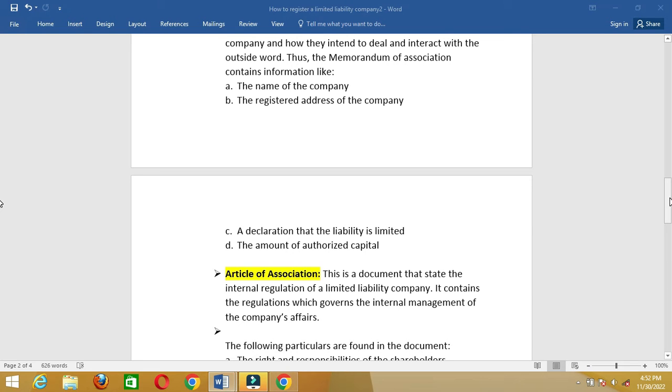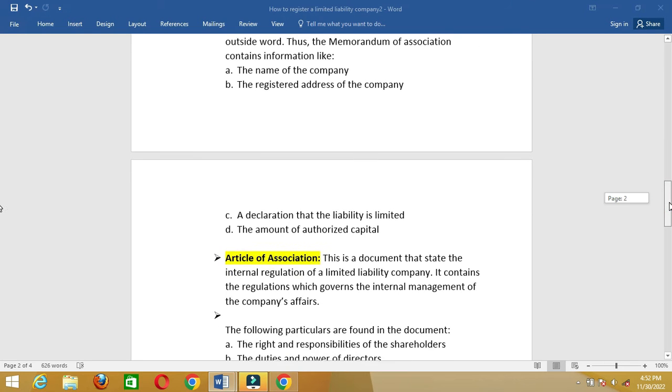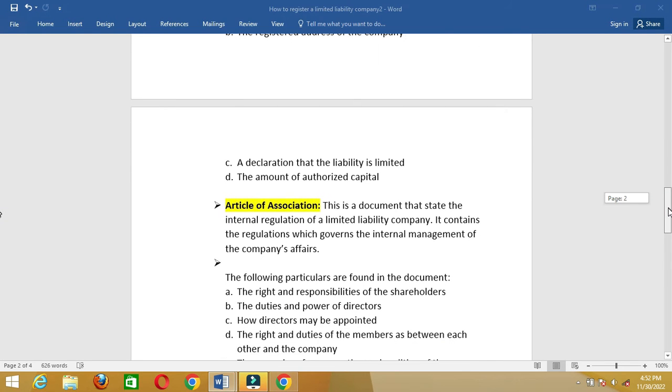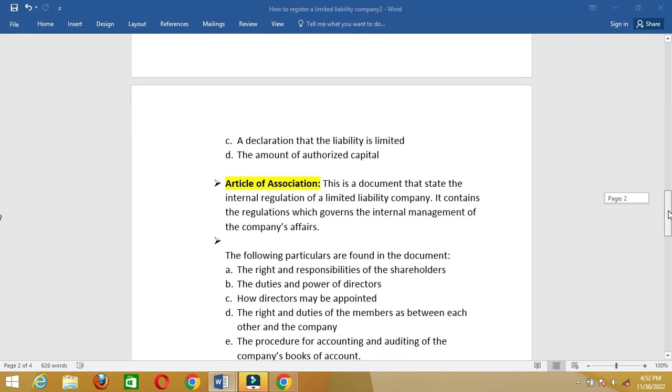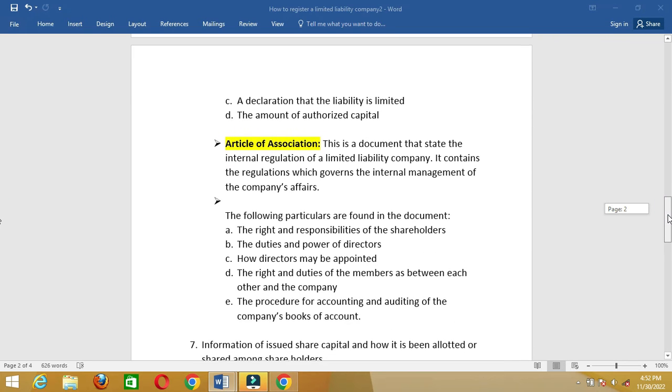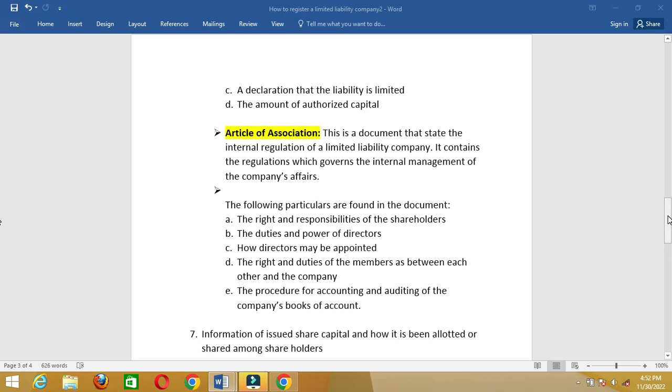Now let's proceed to Article of Association. What is Article of Association? This is a document that states the internal regulation of a limited liability company. It contains the regulations that govern the internal management of the company's affairs. The following particulars are found in the document. Number one, the rights and responsibilities of the shareholders.